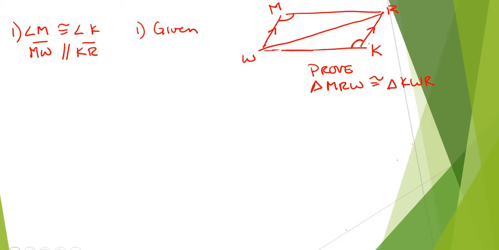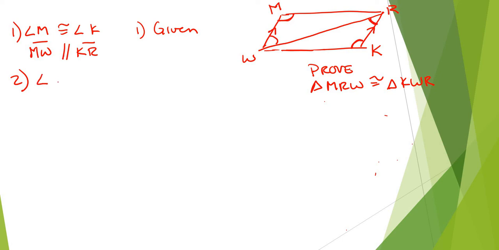So I still need, I've got an angle and an angle here. I don't have any sides. I have two sides as parallel, and I need another angle. So the fact that these two sides are parallel, and the fact that WR acts as a transversal, I now am going to be able to say that these two angles are congruent.